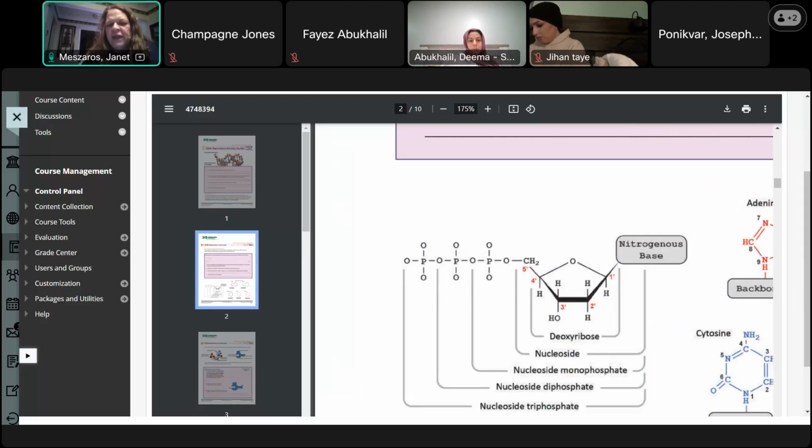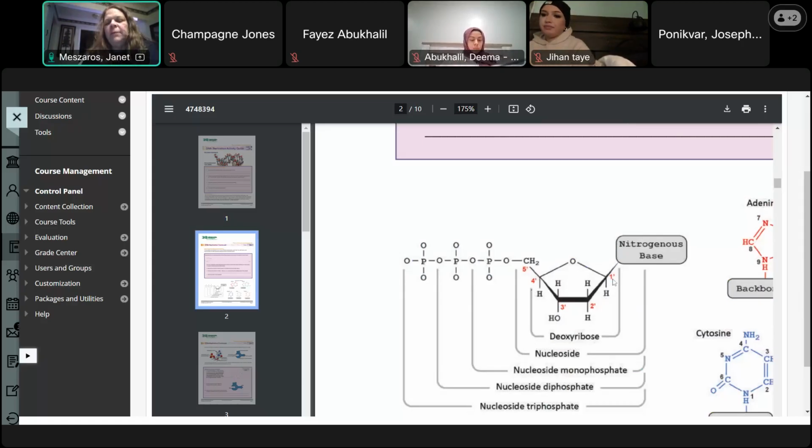Any questions on that? Because this is going to be on the final. What's at the 1' carbon, the 3' carbon, and the 5' carbon in nucleotides? Can you repeat what's on each one again?